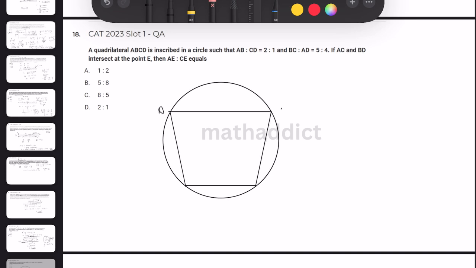So this is A, B, C and D, and we are given that AB is to CD is 2 is to 1. So let's say this is 2A and this is A. BC is to AD is 5 is to 4. Let's say this is 5B and this is 4B. Okay. AC and BD intersect at the point E. So let's draw AC.